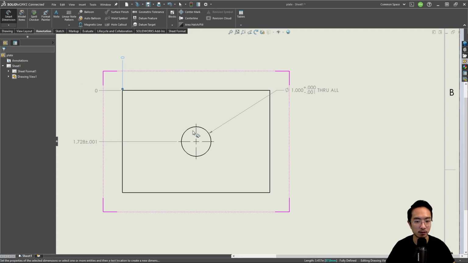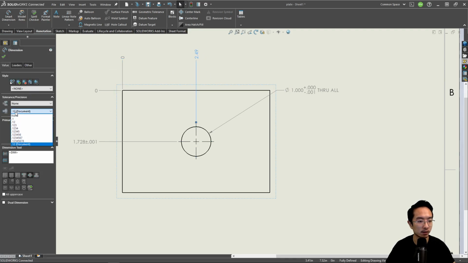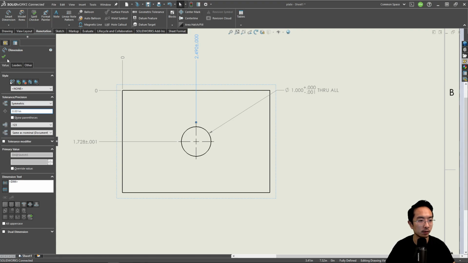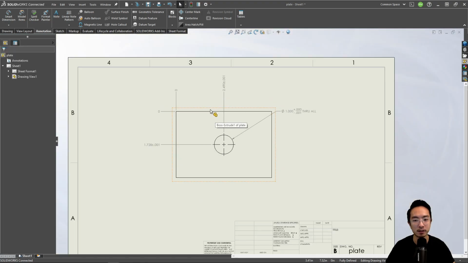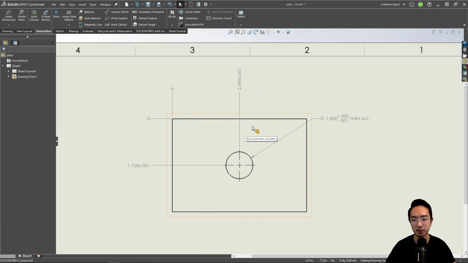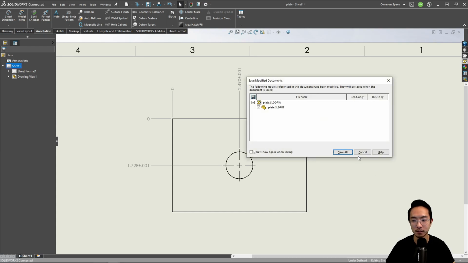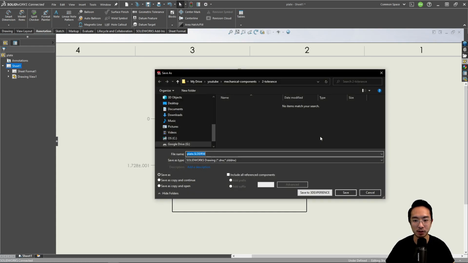So I could do 0 here, and then change this to 3, symmetric, and then 1. That's how you make a part and specify the drawings to show the tolerance for both the hole and the location. So that's pretty much how you do tolerancing.